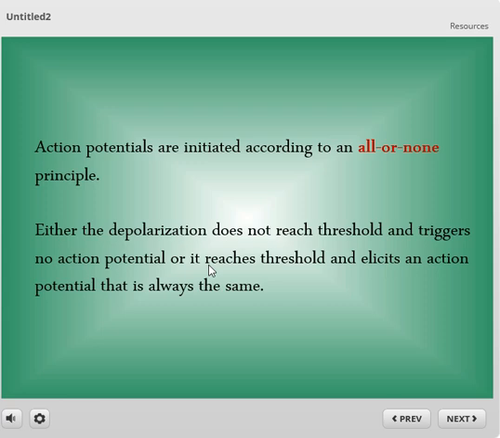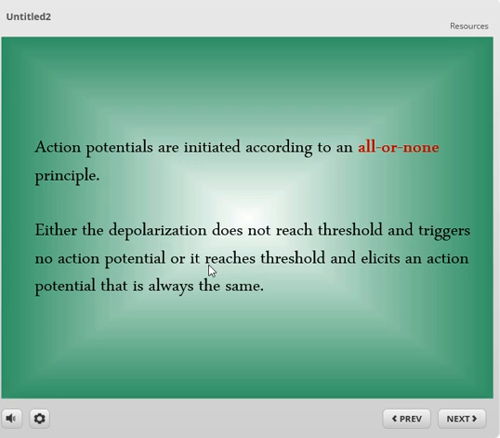In the previous slide, I mentioned the term threshold. You must know the threshold potential is the minimum membrane potential required to trigger an action potential in neurons. At this potential, suddenly a large number of the sodium voltage-gated channels open.